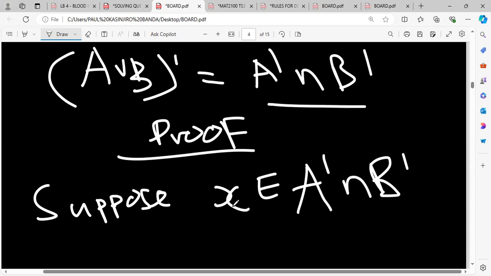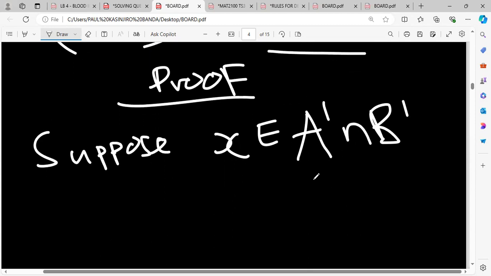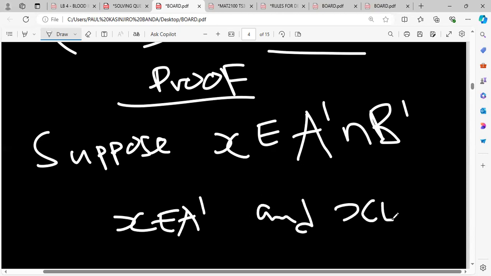Okay, so if I have X being a member of this, what does that mean? It means that I can expand this. I can say X is a member of A complement, okay? And then this intersection here becomes "and" X is a member of what?